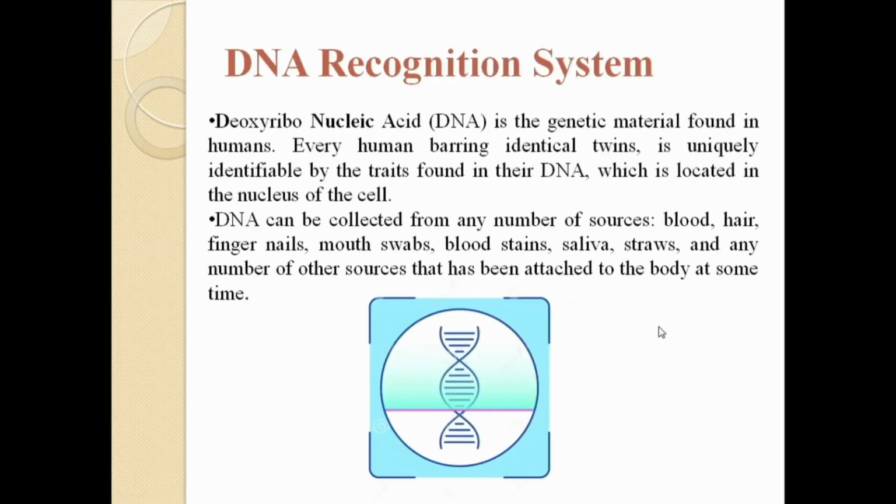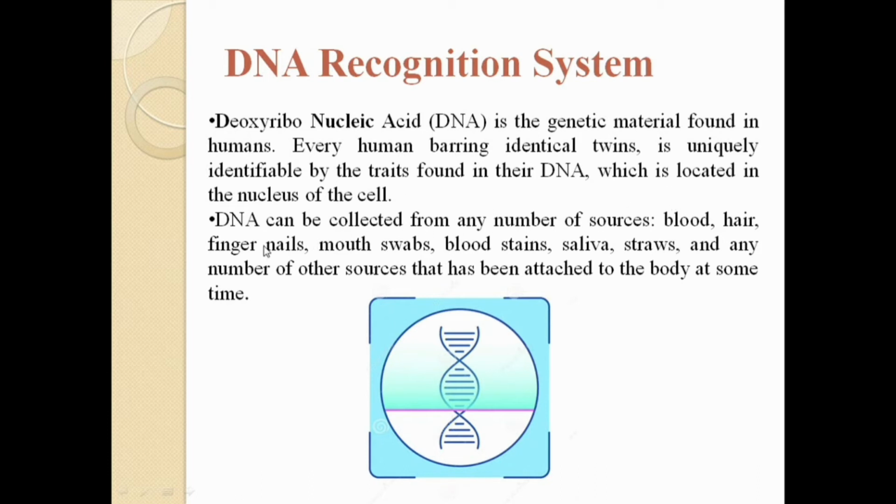Now we have the DNA recognition system. DNA means deoxyribonucleic acid. DNA is the genetic material found in humans. Every human, excluding identical twins, is uniquely identifiable by the traits found in their DNA, which is located in the nucleus of the cell.